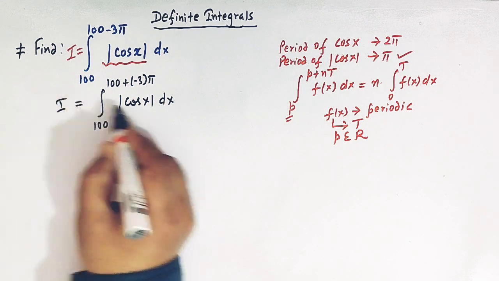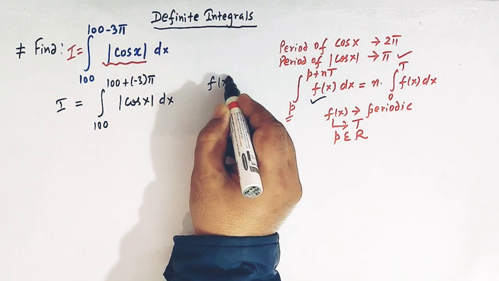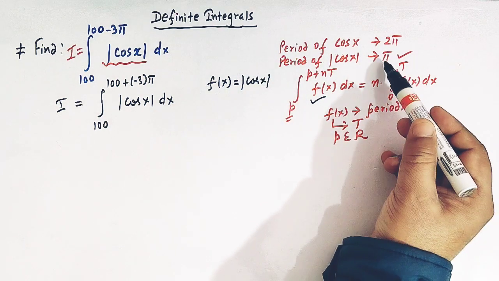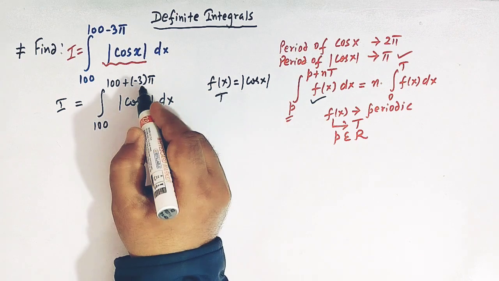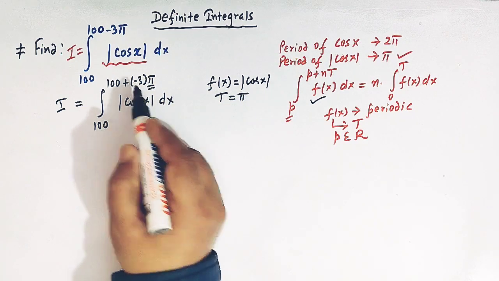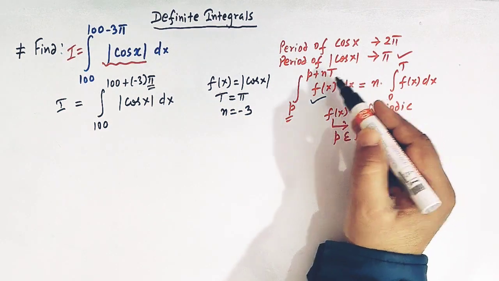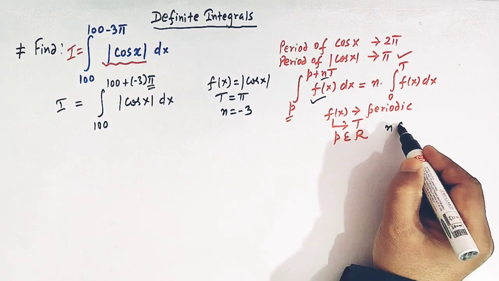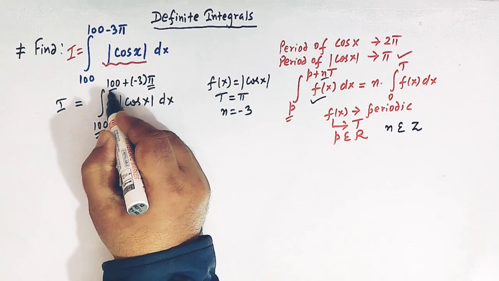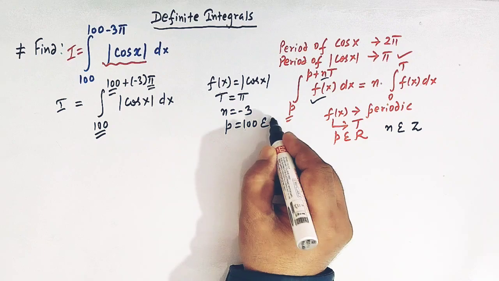If we compare this integral with the property, then f of x is mod of cos x, which is a periodic function with period pi, that is T is pi, and n is minus 3. Here n is an integer, and the value of p is 100, which is a real number.